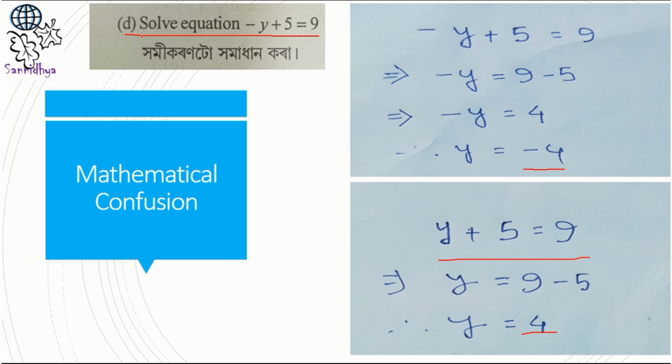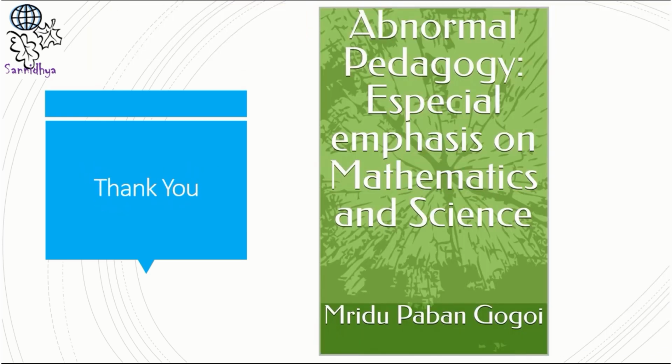In the rest of the subjects, they are not problems, but in mathematics and science, the minus sign, plus sign, multiplication sign and division sign, these are the different signs we are using that generate a lot of confusion among the students. So that's why we are trying to give a solution in abnormal pedagogy, with special emphasis on mathematics and science.